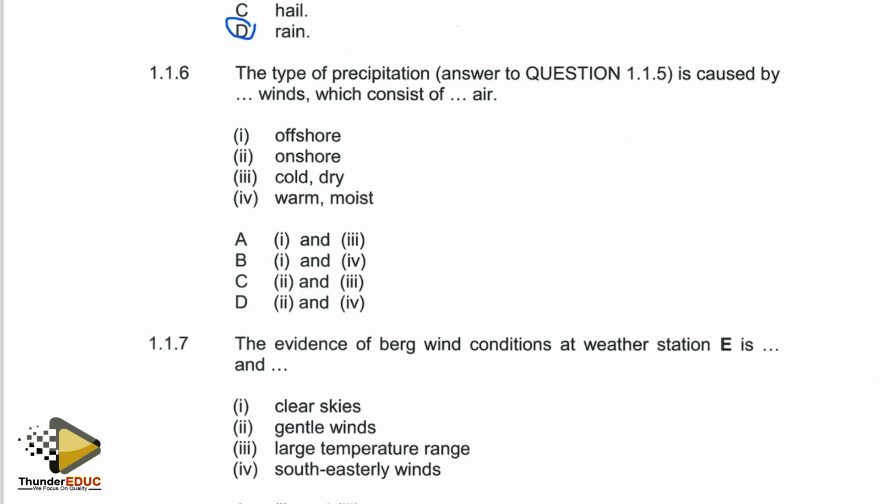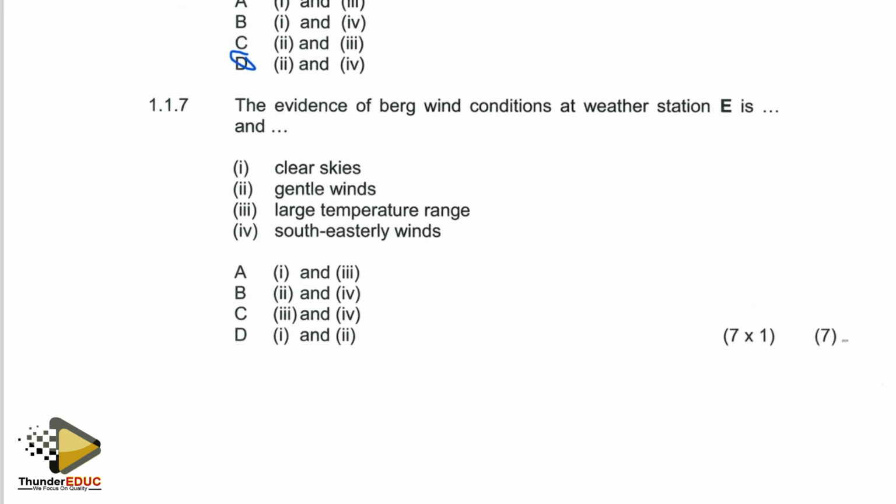So for question 1.16, you pick onshore, item number 2, and warm and moist, item number 4, which gives us the combination at D.